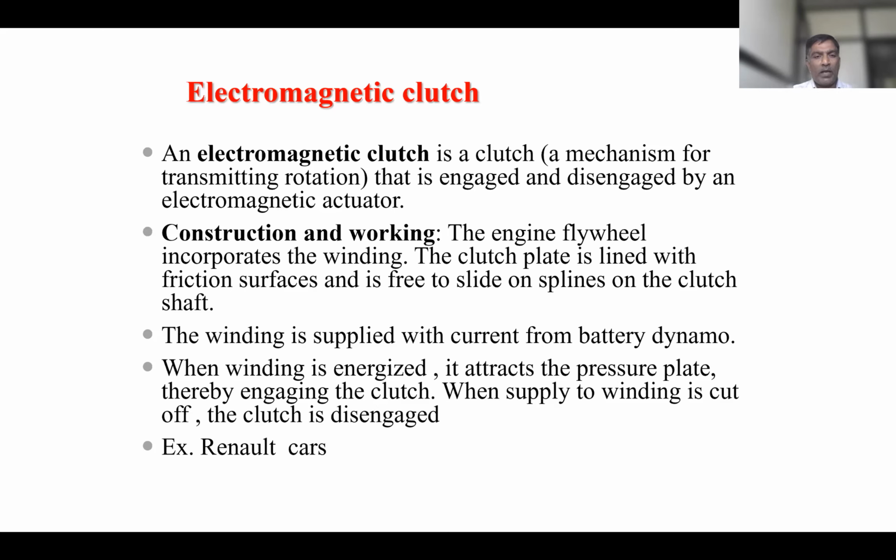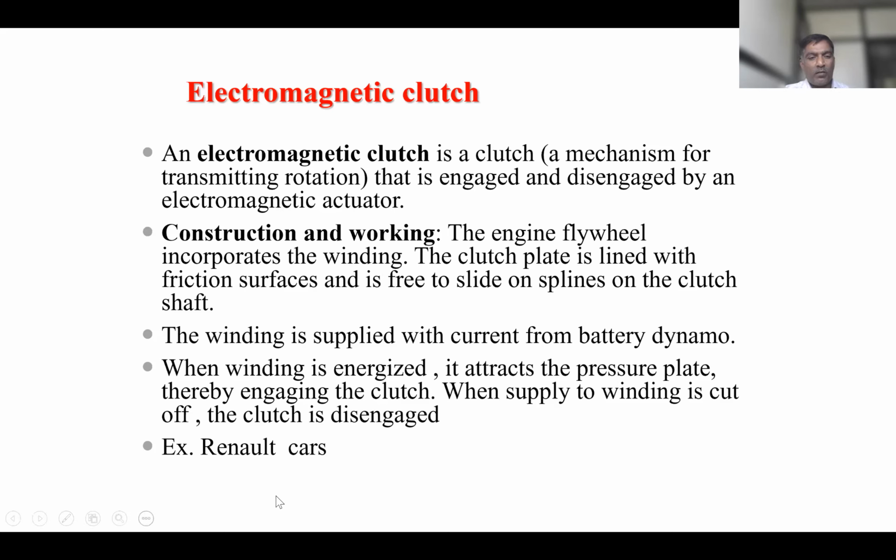So it uses electromagnetic force generated by energizing the coil, and that is used to grab the clutch plate.